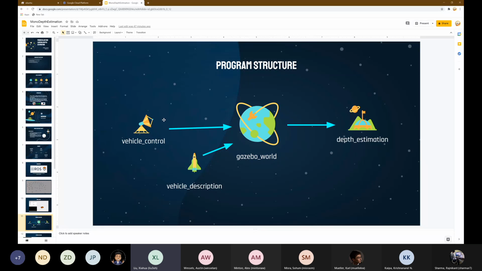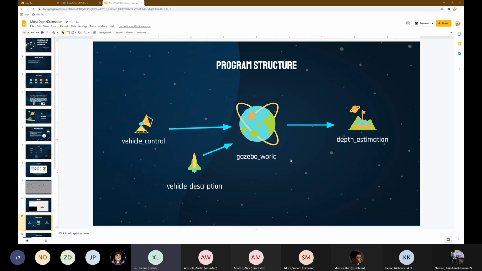The vehicle control code accepts the input from the keyboard and sends it to Gazebo. Gazebo is a simulated robot environment. It has several physics engines and can deal with all the simulated parts. And here is the vehicle description, the vehicle model that I'm giving to the Gazebo world. The Gazebo world is the code to drive Gazebo to simulate the environment.